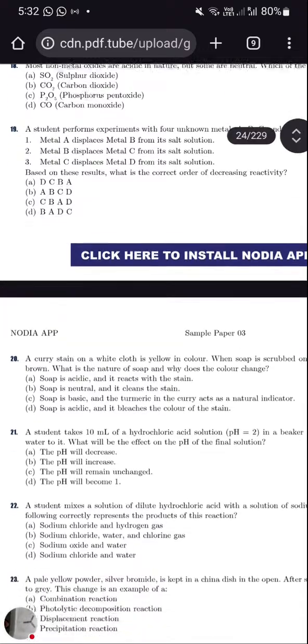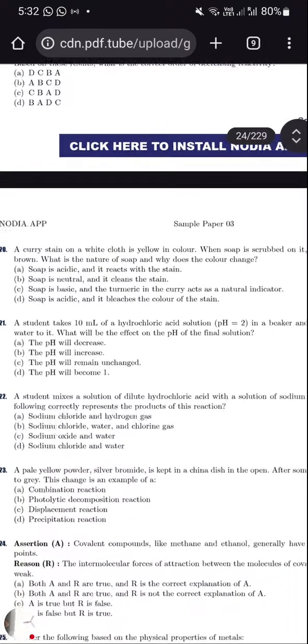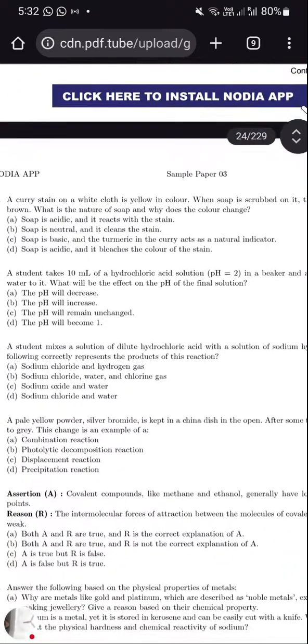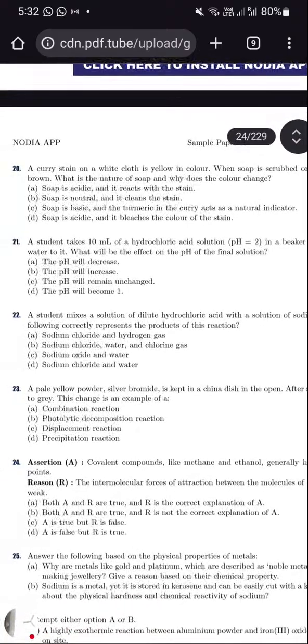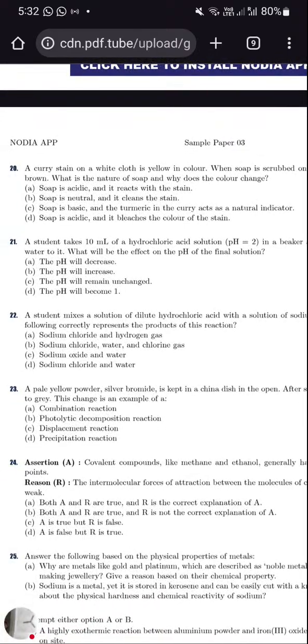Correct. Now the next question: curry stains on white cloth are yellow in color. When soap solution is scrubbed on that, it becomes reddish brown. What is the nature of the soap solution and why the color change?